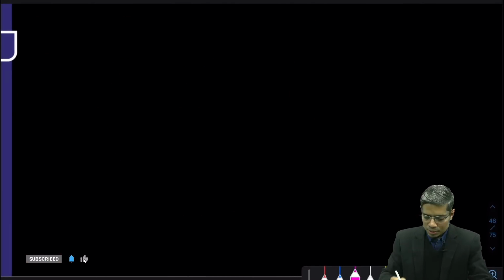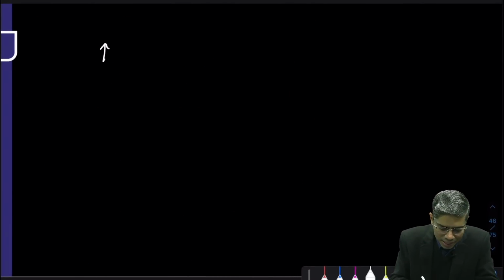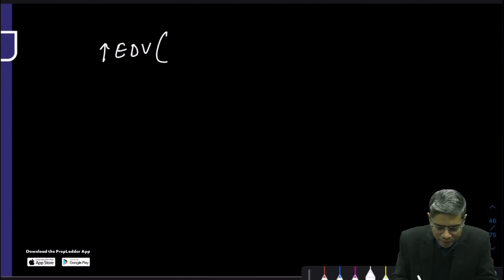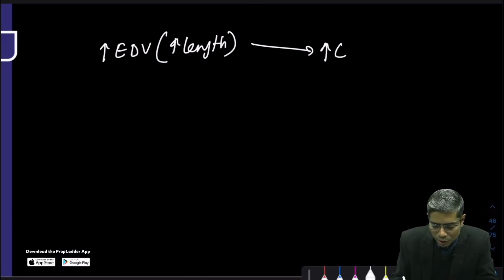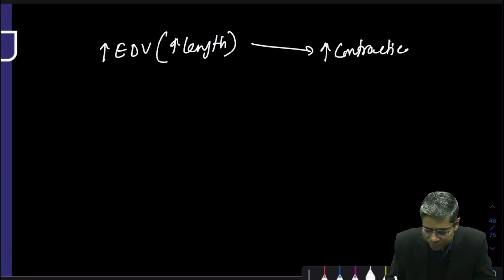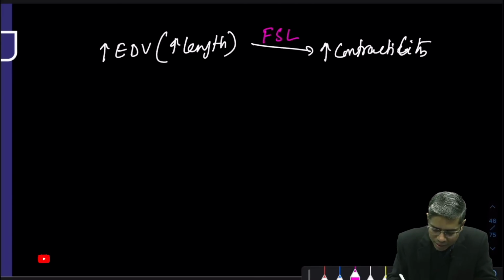So three things you remember: increase in end diastolic volume will increase the length of the heart muscles, that will increase the contractility of the heart. This is known as the Frank-Starling law.